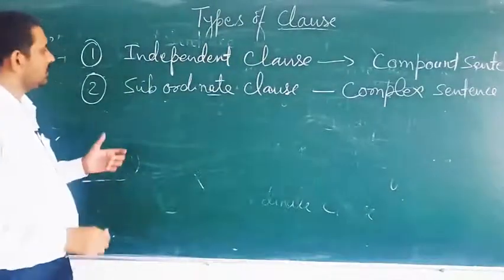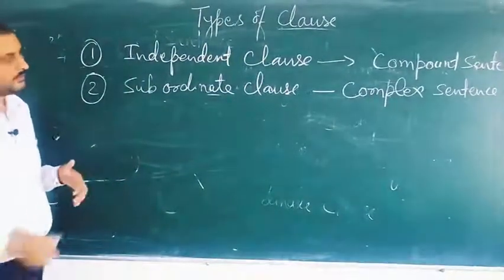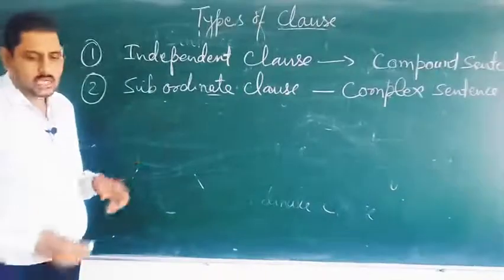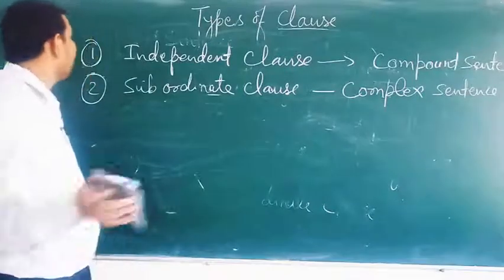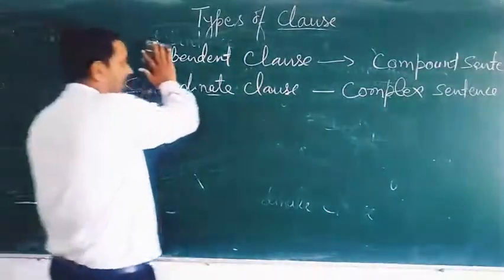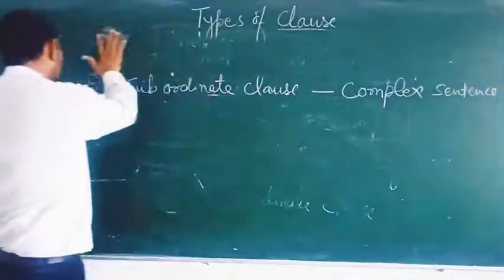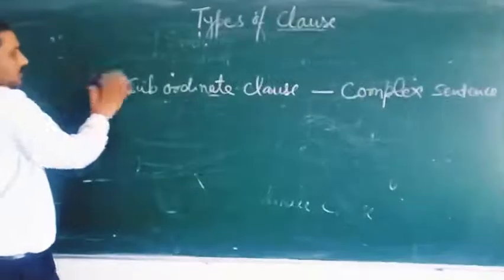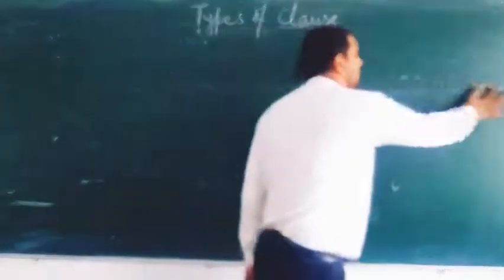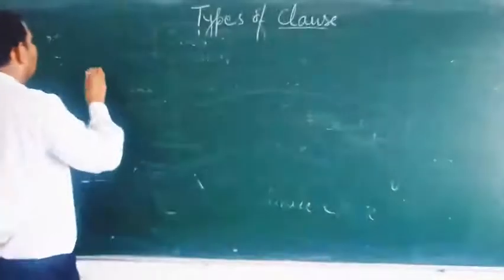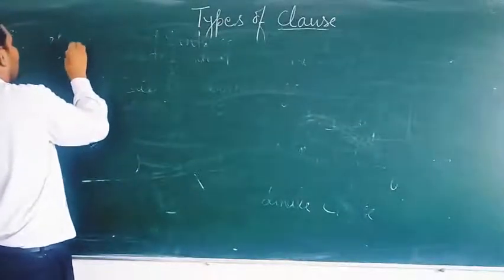Okay. Now we talk about which type of subordinate clause. How many types of subordinate clause are there? So there are three types of subordinate clause. They make a complex sentence.